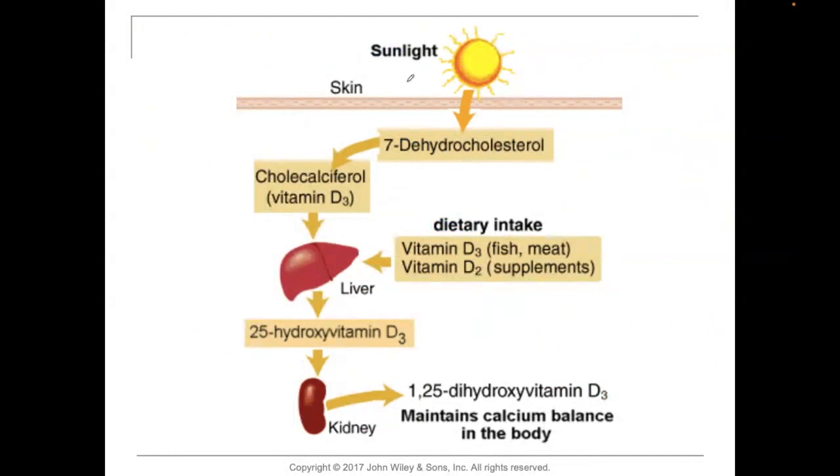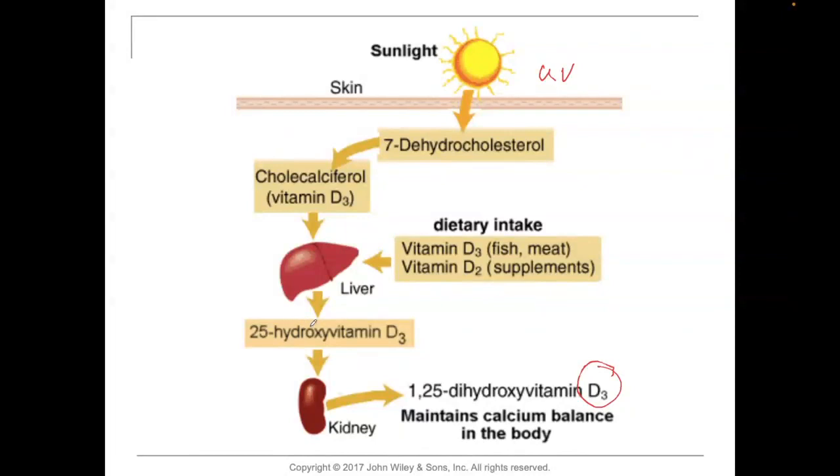This is just a great picture illustrating how our bodies produce vitamin D. So we need sunlight, we need UV rays coming down, and it hits our skin, and we have subcutaneous cholesterol in our skin. And the subcutaneous cholesterol in our skin makes these cholesterol precursors. Those cholesterol precursors go to the liver, and the liver hydroxylates it.